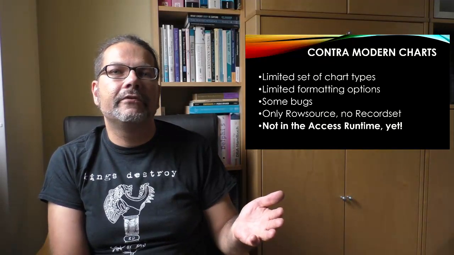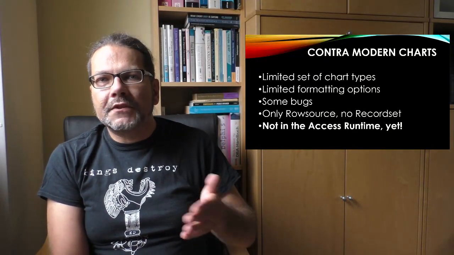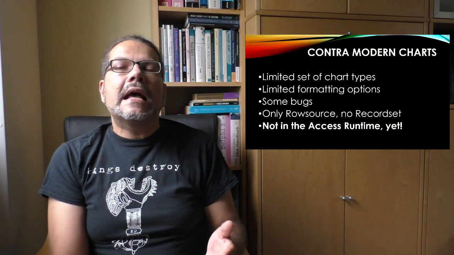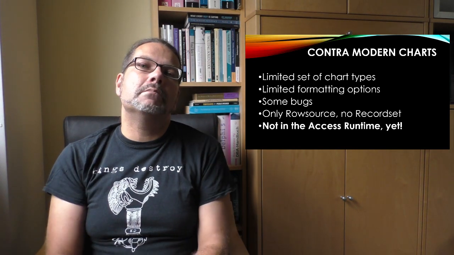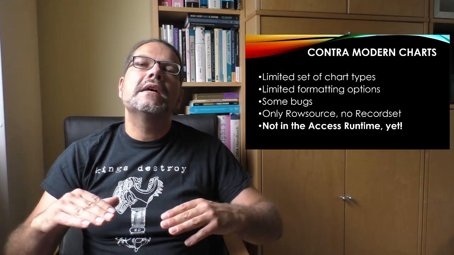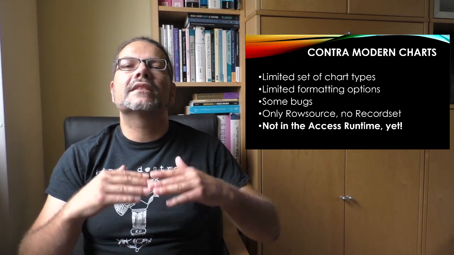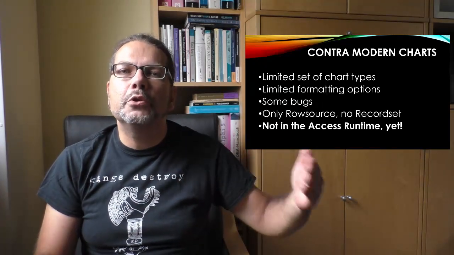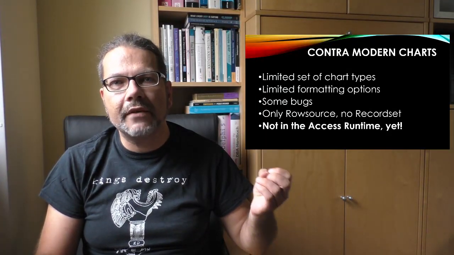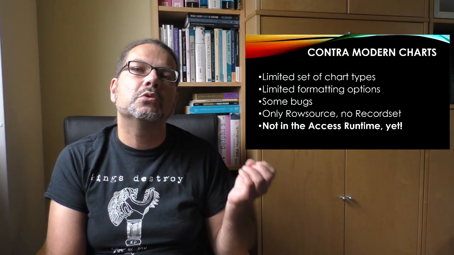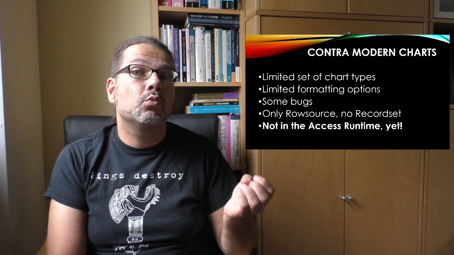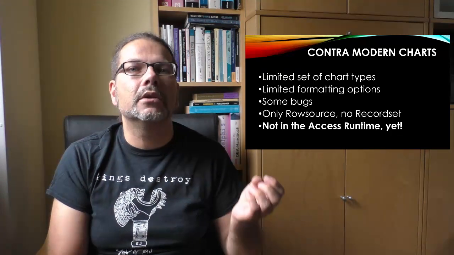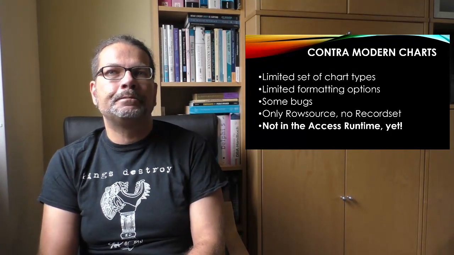That is pretty obvious, and so I'm not too worried about that, but you need to keep that in mind if you think about using the modern charts right now and rolling them out in an application to users that do not have the full version of Access but use the Access runtime. That will not be possible at all at the moment.